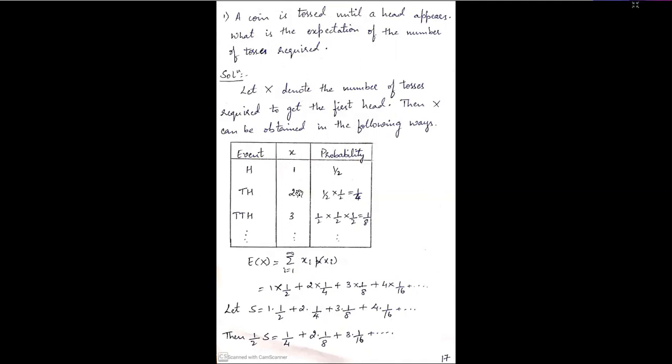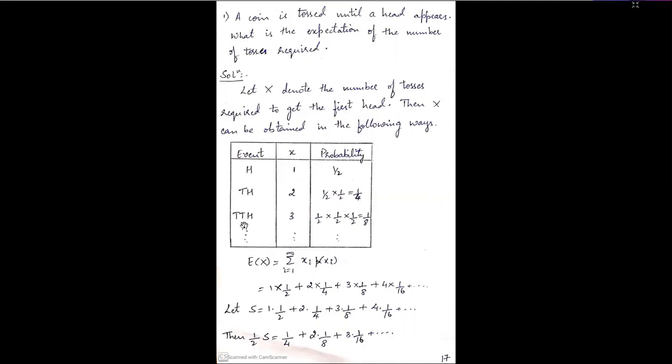So x will be 2, because x denotes the number of tosses required to get the first head. So probability of this is equal to 1 by 2 into 1 by 2, as tail and head are equally likely events, that is, both will happen with the same probability. So 1 by 2 into 1 by 2, that is equal to 1 by 4.